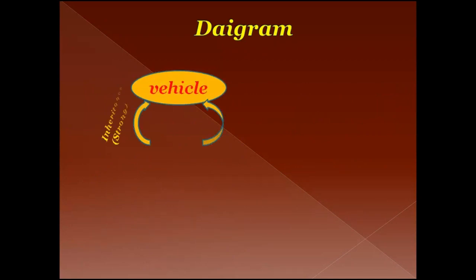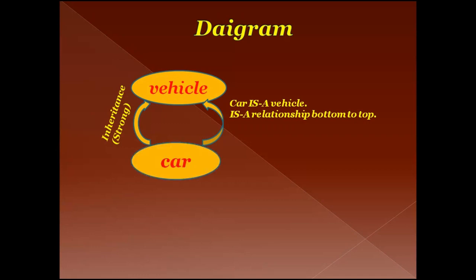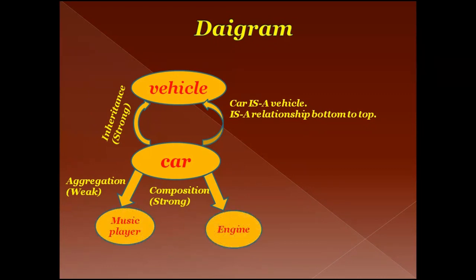Here is a diagram representing the overall relationships: inheritance, aggregation, and association. Car is a vehicle, so this is an easy relationship. This is inheritance, because car extends vehicle. Car has a music player: this is aggregation, weak bonding.